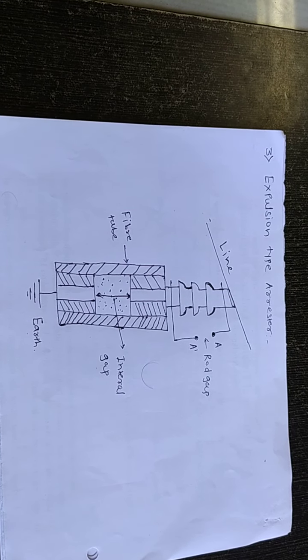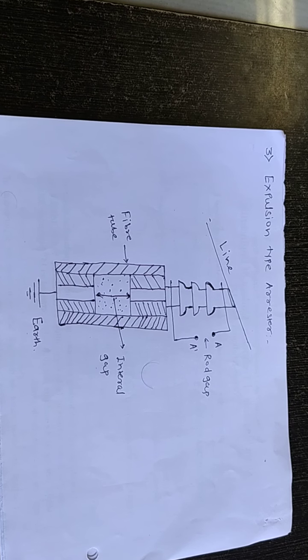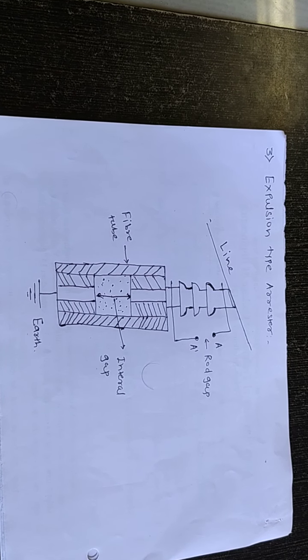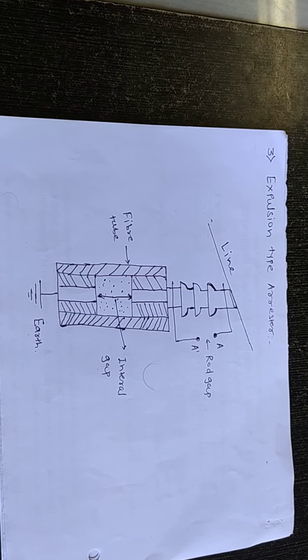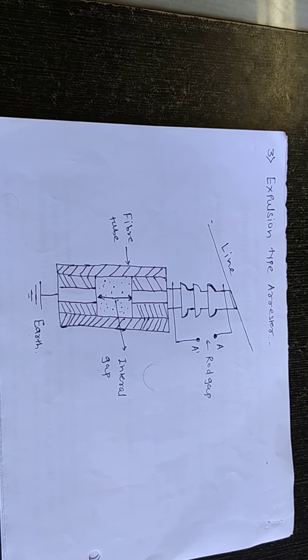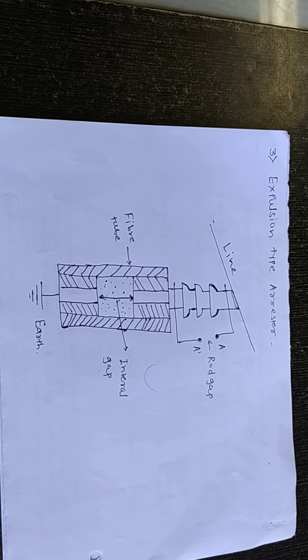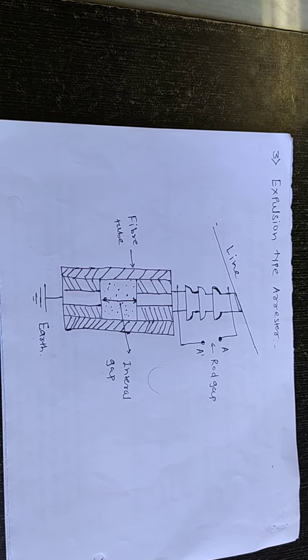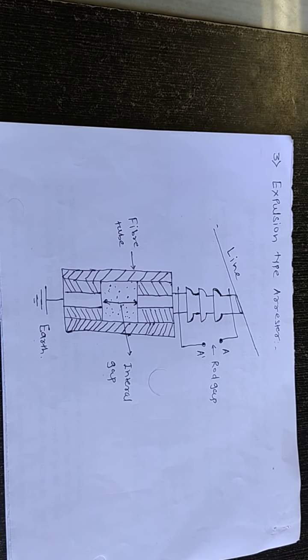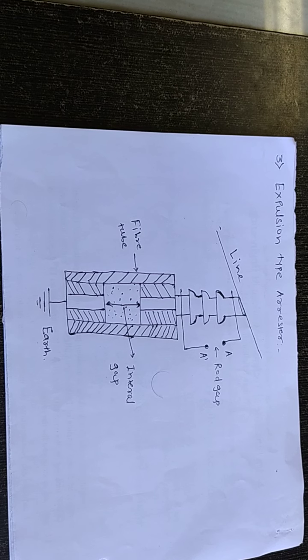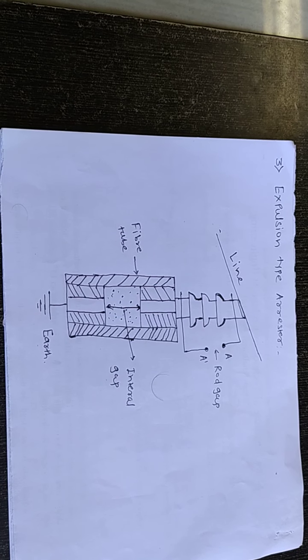The heat of the arc vaporizes some of the fiber of the tube walls, resulting in the production of neutral gases. In an extremely short time, the gas builds up high pressure and leaves the tube vicinity.